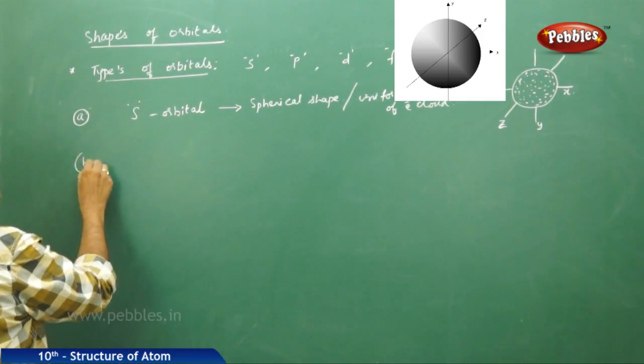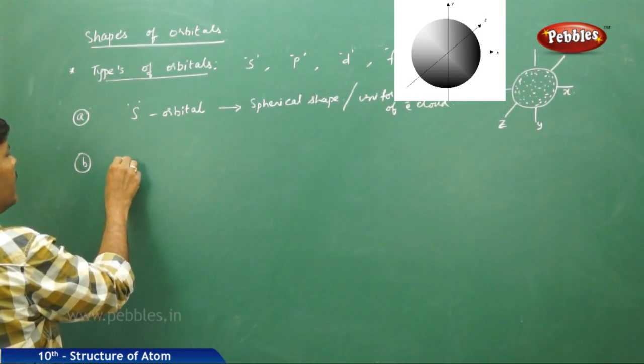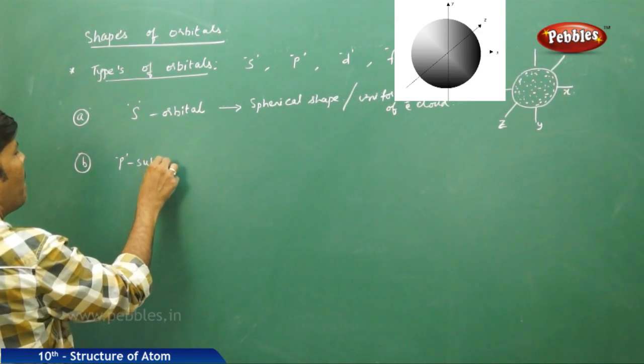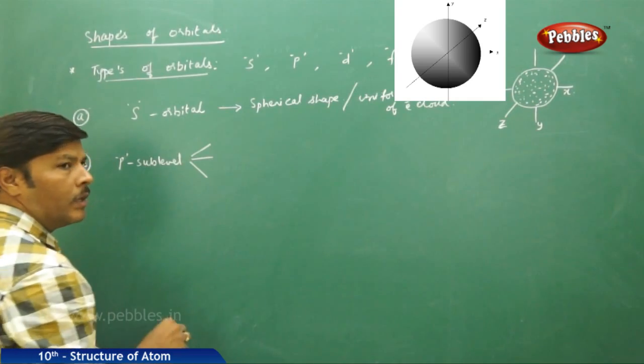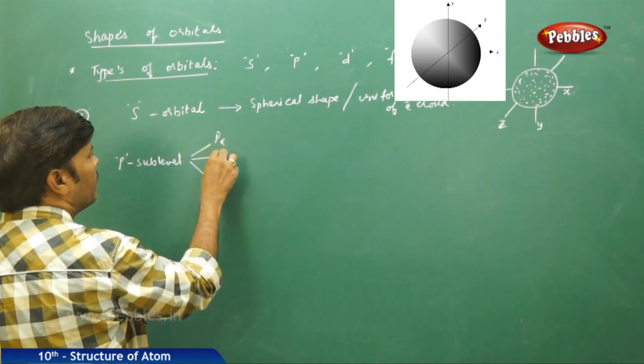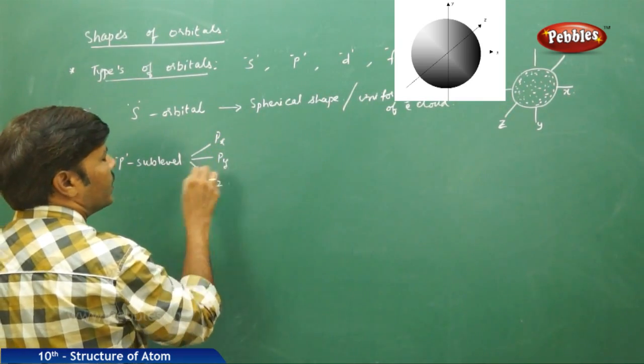Then next, go for p orbital. A p sublevel has 3 p orbitals: px, py and pz.